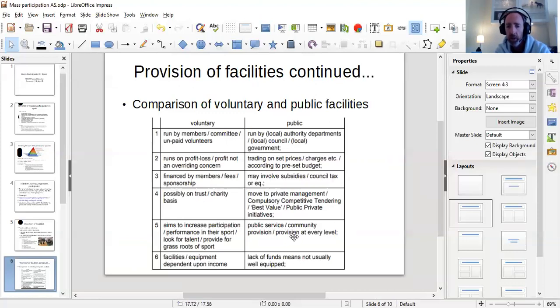Public service, community provision aimed at every level. That's their aim. And the voluntary, they aim to increase participation and performance in their sport. They're looking for talent as well, providing provision for grassroots. Voluntary organisations, these are, as you saw before, run by members or a committee. These are people who love the sport.